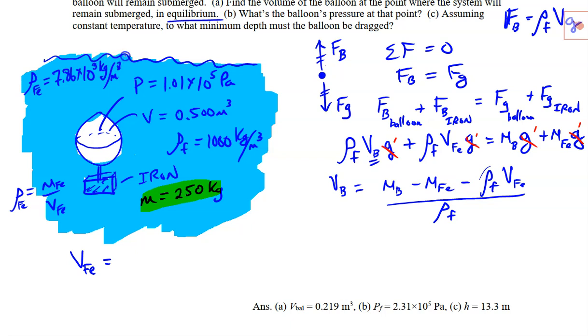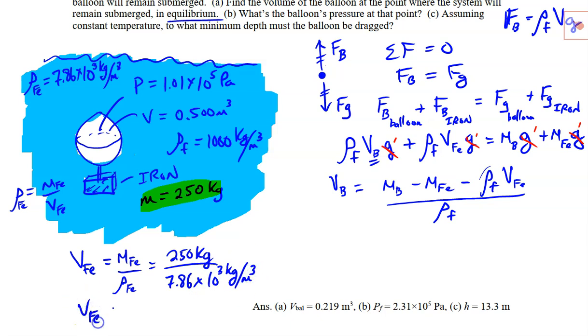So the volume of the iron would be the mass of the iron divided by the density of the iron, so 250 kilograms divided by 7.86 to the power of 3 kilograms per meter cubed. This should give me the volume of the iron, which works out to 0.0318 meters cubed. Okay, looks like I'm going to need a lot of space just to do part A.